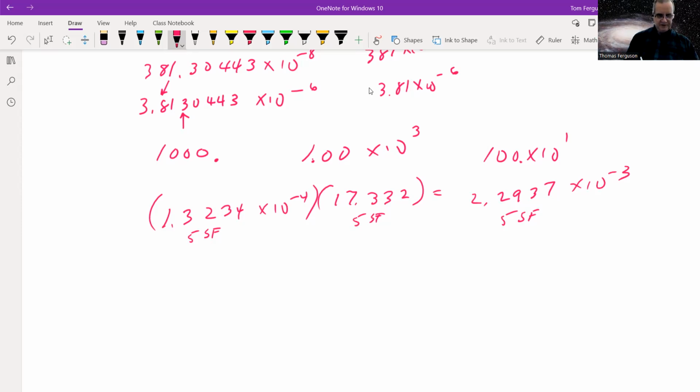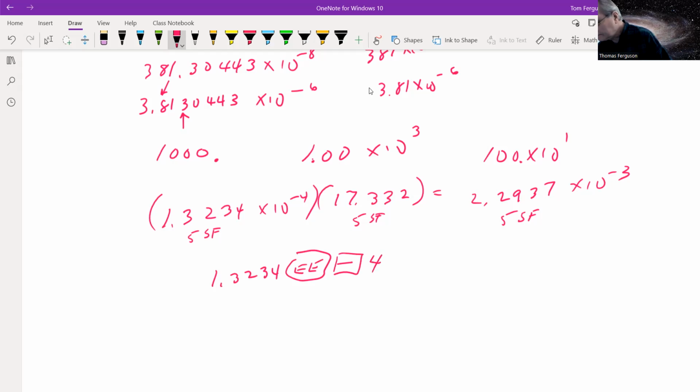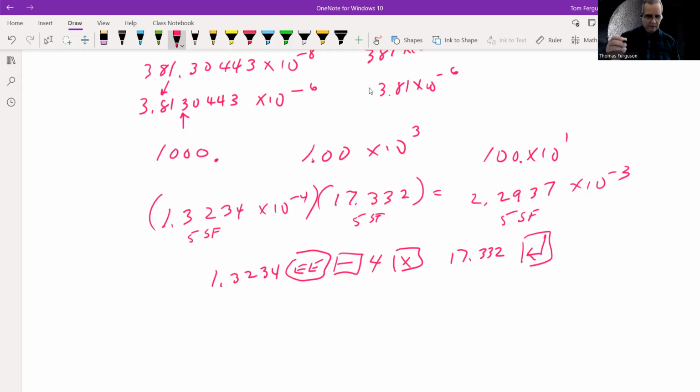The way you put this in your calculator, you're going to go 1.3234 EE change sign 4 times 17.332 enter.